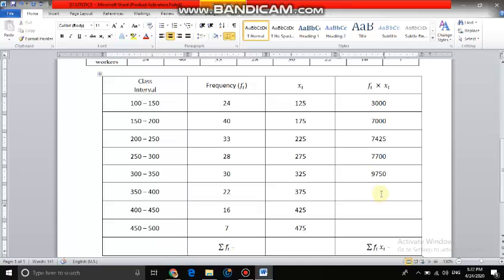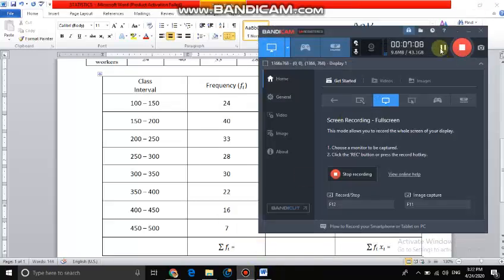Then 22 into 375 is 8250. Then 16 into 425 is 6800. And 7 into 475 is 3325.